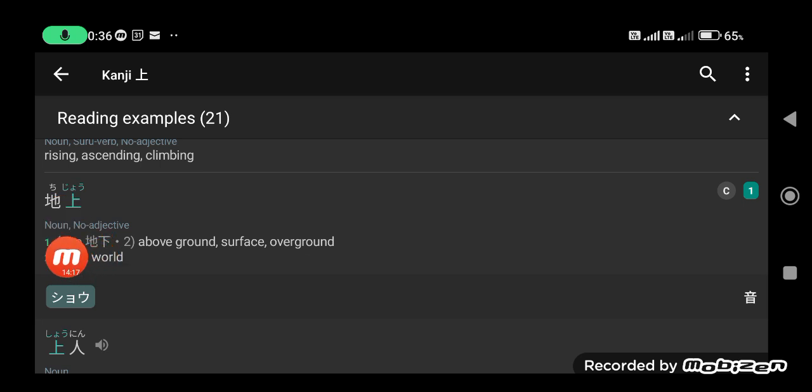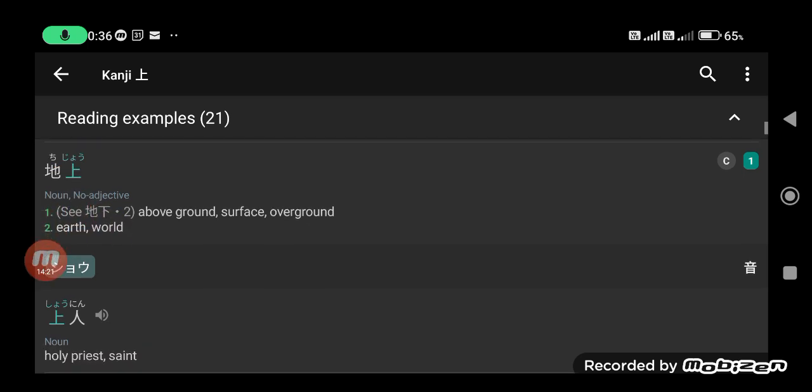Chijo could be a noun, could be a no adjective. It's a no adjective, an adjective that uses the particle no to make the noun appear as adjective. Chijo no tonamento, meaning above ground surface, or chijo no jikken, or above ground experiment.